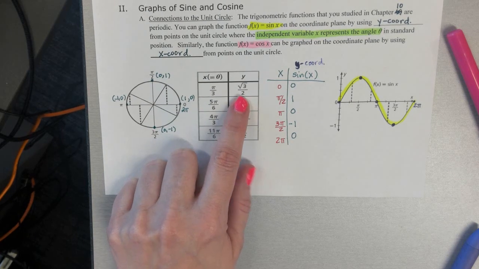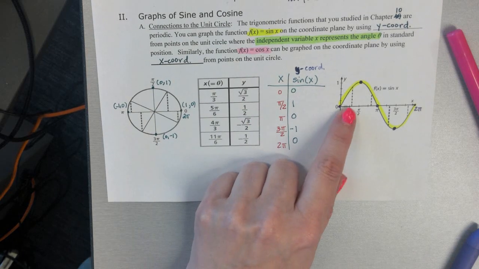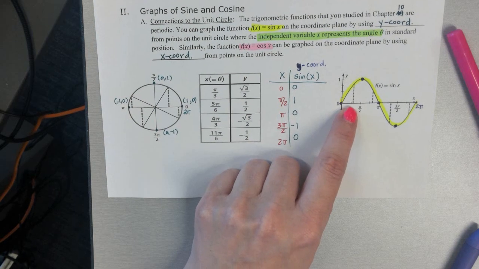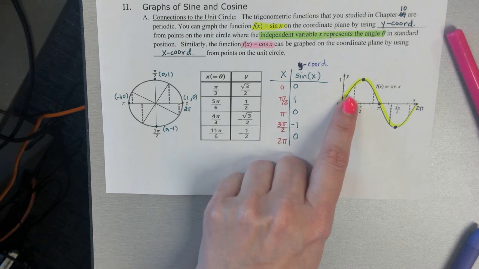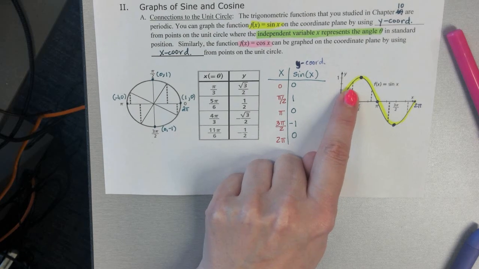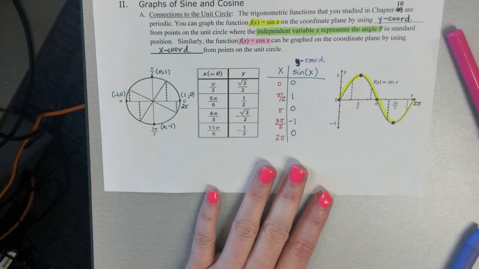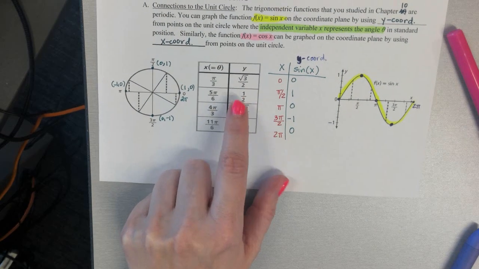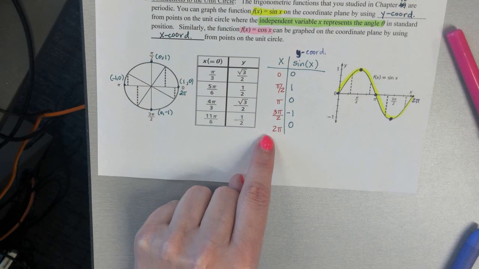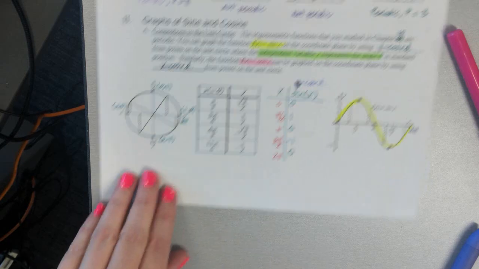That is what you see here with your dashes. This is pi over 3, and it's root 3 over 2. That's the decimal, but we're not going to want to be graphing the decimals. We're going to want to focus on these points.